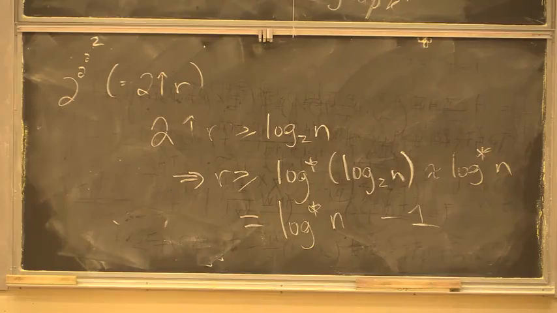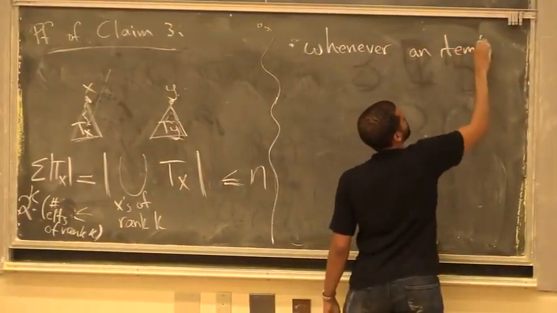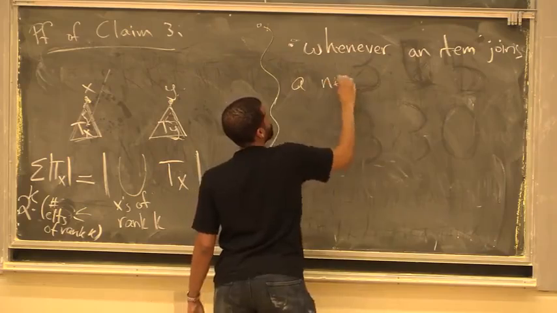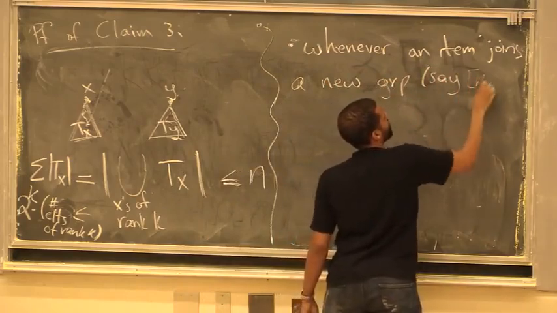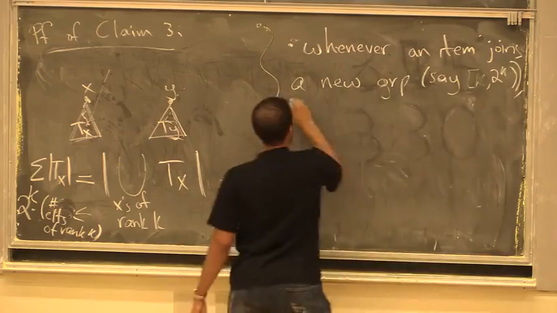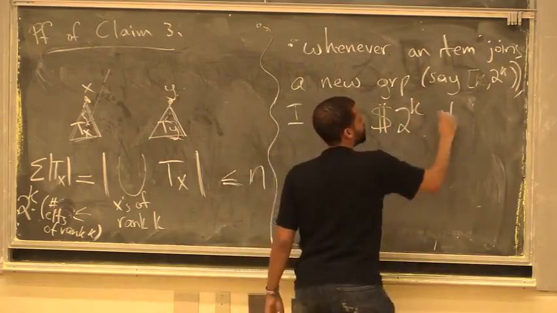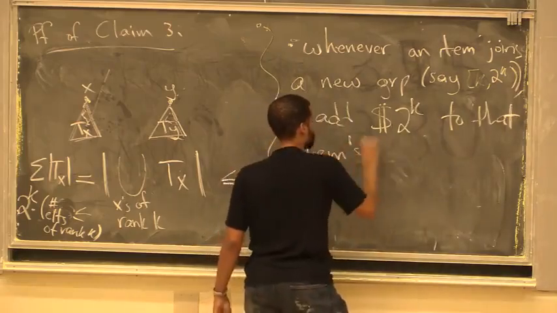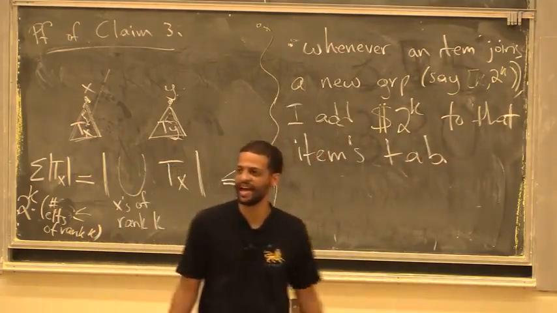What I'm going to do is, whenever an item joins a new group, say the group from k to 2 to the k, I add 2 to the k dollars to that item's tab. Right? So this is how I contribute money to people's tabs.